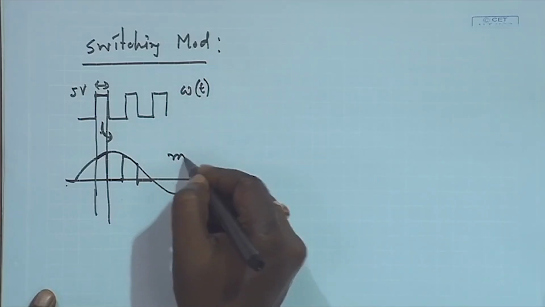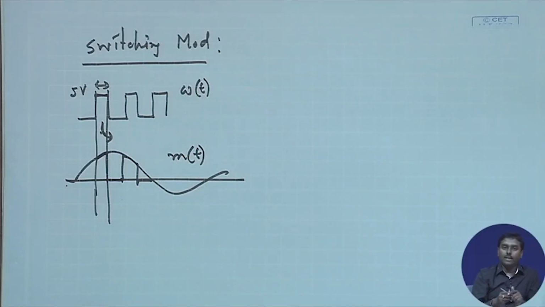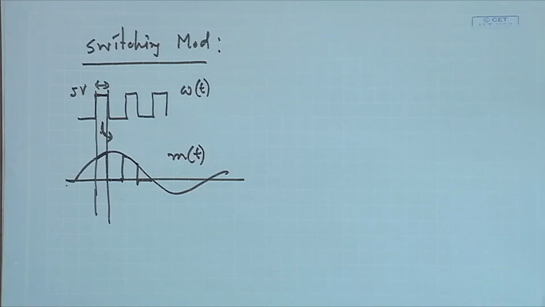If I represent this pulse as w(t) and the message as m(t), I can connect this w(t) in the gate of that switch or transistor, and in the emitter to collector I can put a resistor across which I take the voltage, and bias this one, and at the emitter I can put my message signal. Then the output of the resistor will be this switched signal.